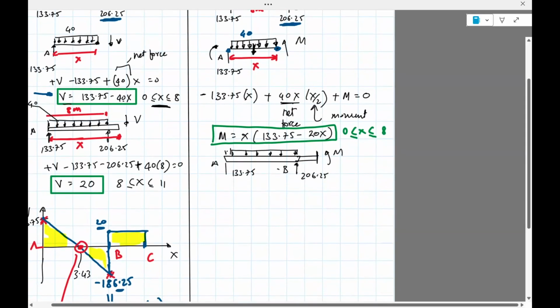So we have 40, 133.75, at a distance of x here, and then the distance between A and B is 8.